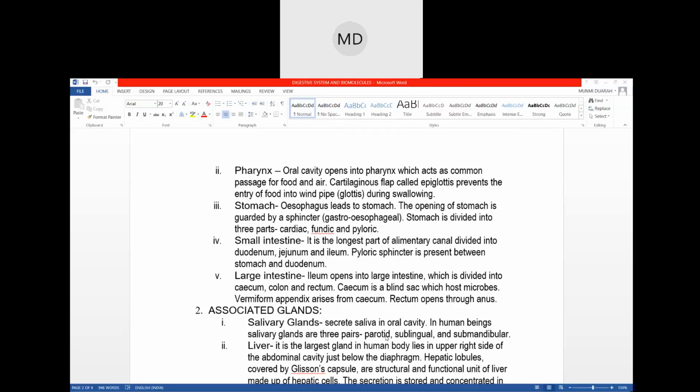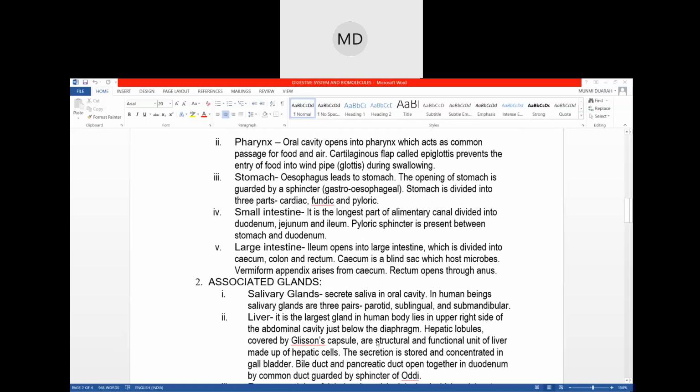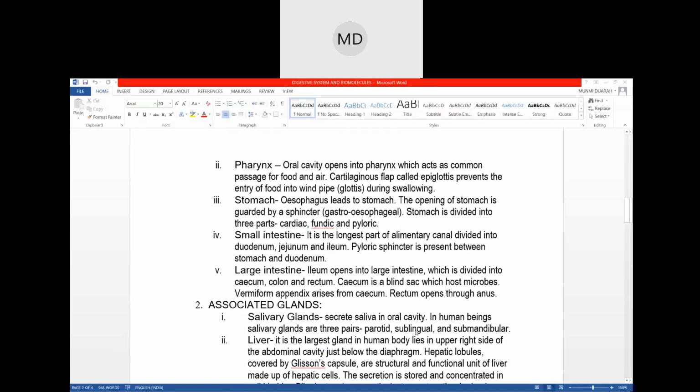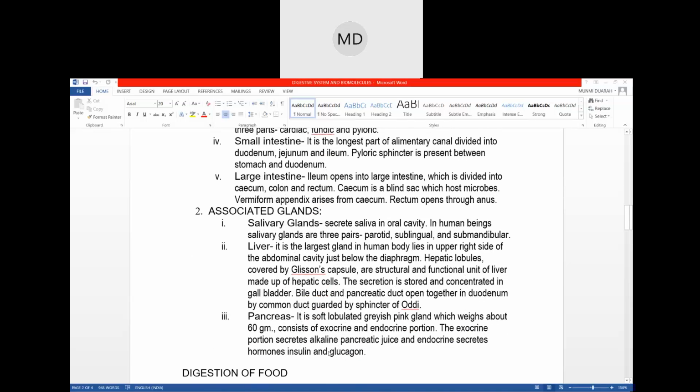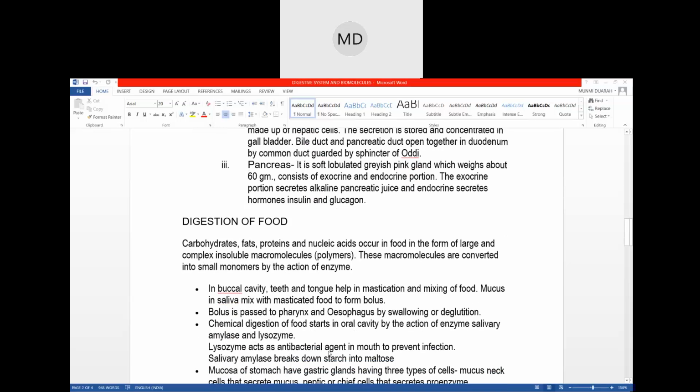That is the opening of the parotid gland. Sometimes infections occur in the opening of the parotid gland, and it bulges and pains a lot. So that is the parotid gland. And then there are the sublingual and submandibular glands too. Then there is the liver, and there is the pancreas.